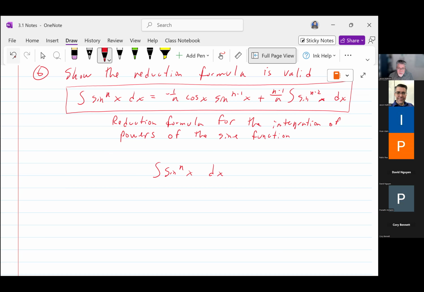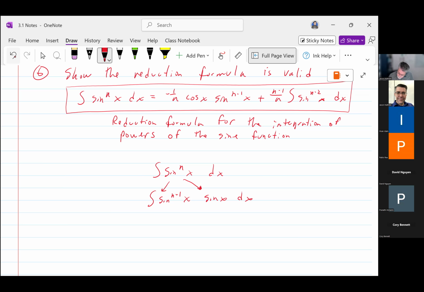I'm going to break this up into the integral of sine to the n minus 1 of x times sine x dx. That's the trick here, is to use integration by parts and just break it up into two sine functions.